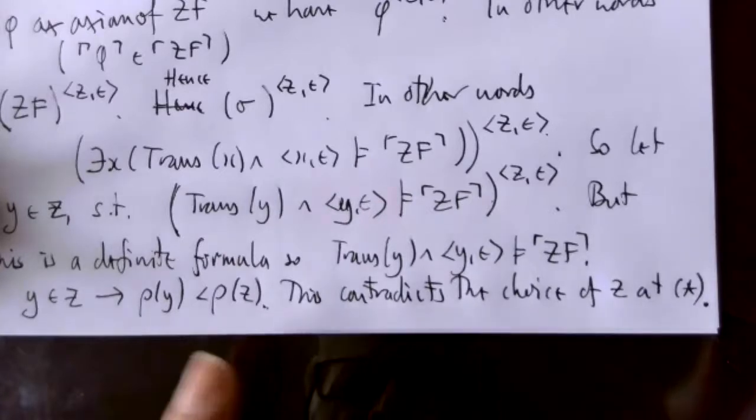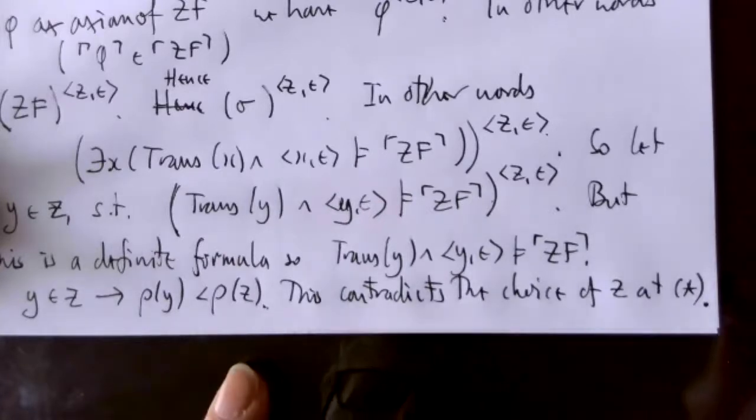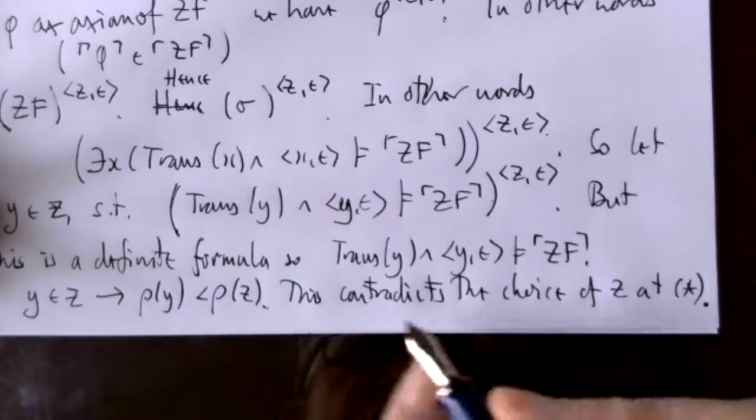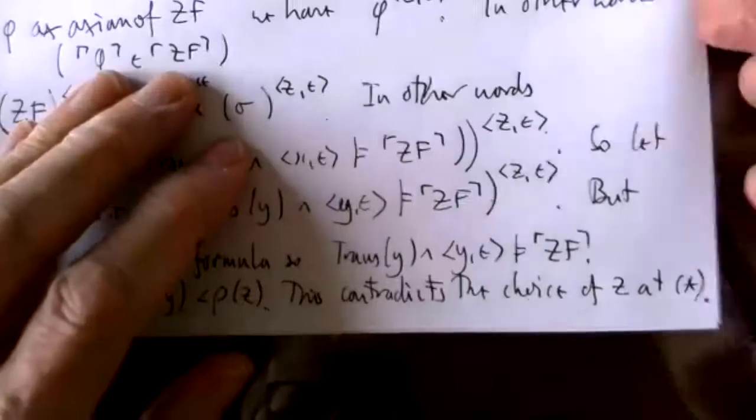So this shows then that ZF is inconsistent here. We've got a contradiction. So we thus have a contradiction.